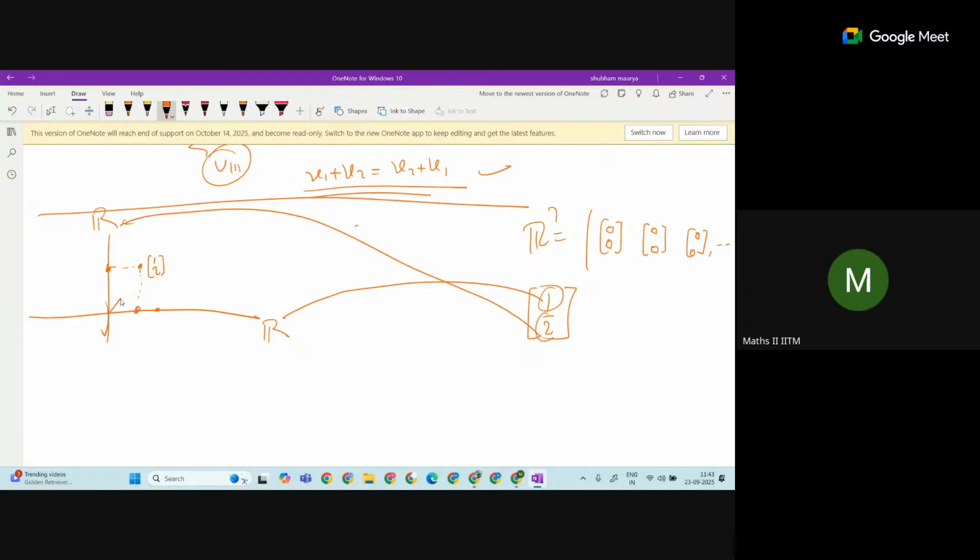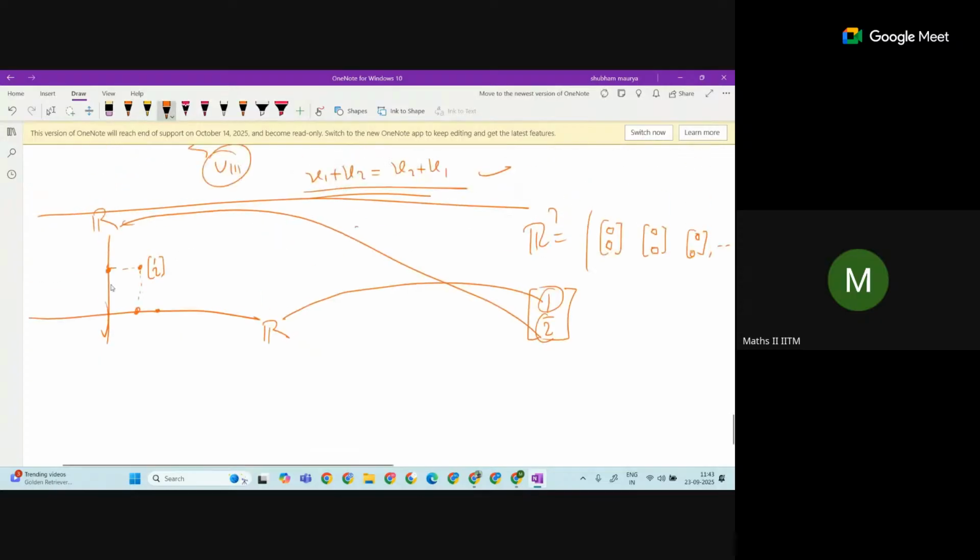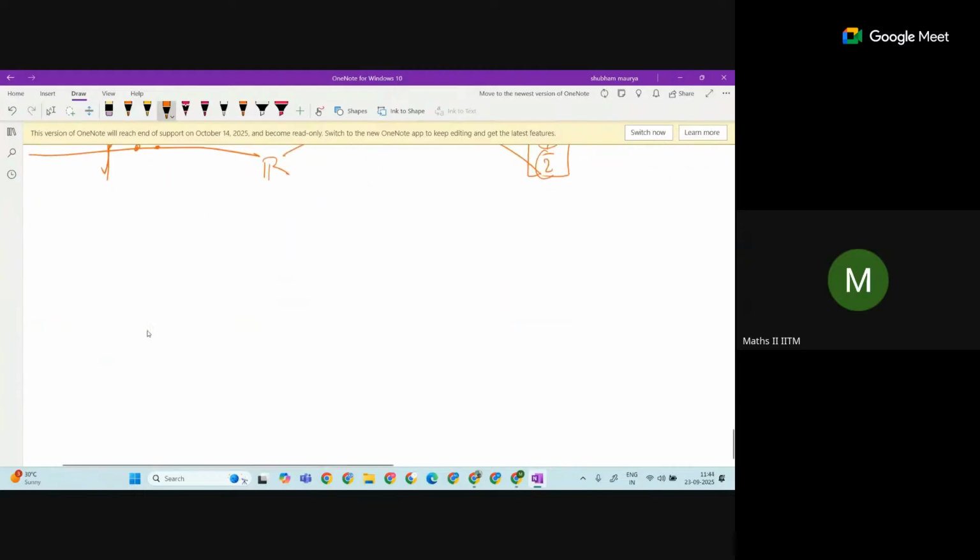This is the representation. So the vector 1 2 has a quantity and finally an arrow direction: this is your quantity and this is your direction. Let's say I am representing 3 4.